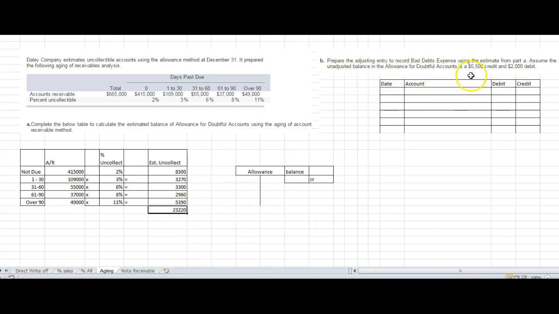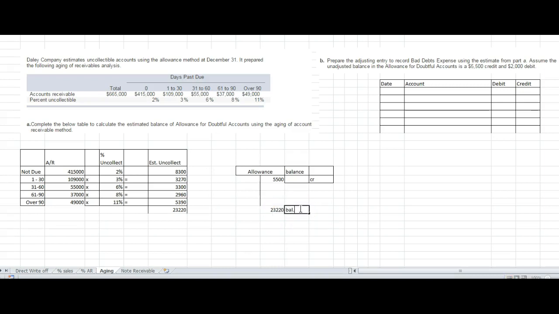And you're going to look at it as if the first one, it has a 5,500 credit. So what is the amount we want to have in there? And that's where you have to look at this and say, well, I need to have, my estimated balance needs to be 23,220. Then that's my balance. That's what I'm shooting for.